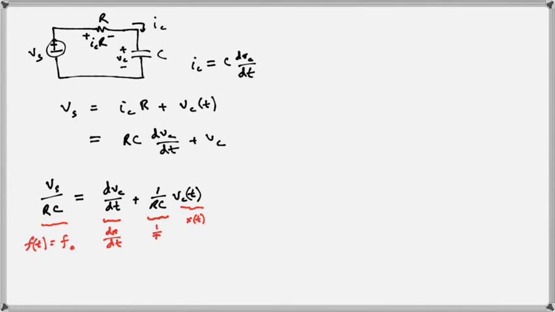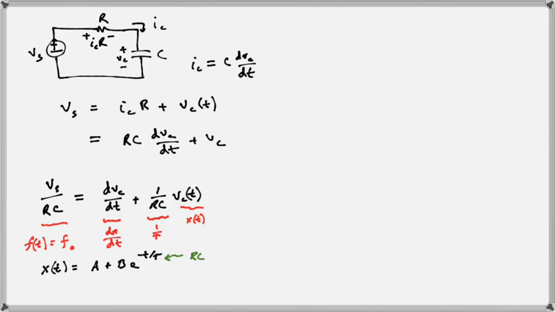So what we have here is a general solution, actually. When the forcing function is a constant, I'm just going to tell you that the general solution, x of t, is going to be some constant A plus an exponential B e to the negative t divided by tau. Here tau is equal to RC.